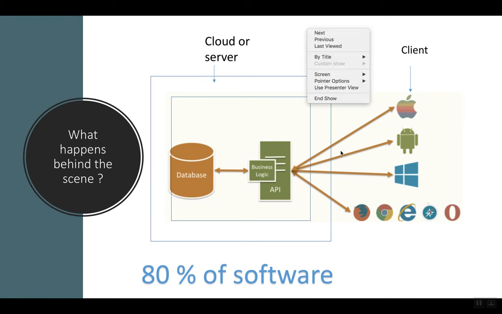Whenever required, this browser or this mobile application will hit the server. The server will process something and will return back the required data for it to perform. So the communication between client and the server happens over here. Now, this is a very simple client server based application.